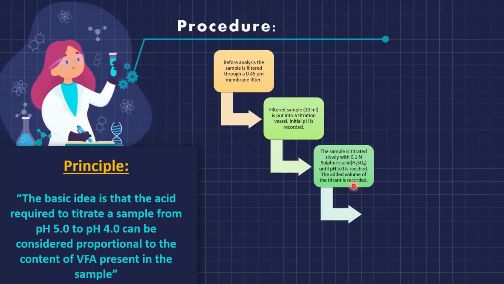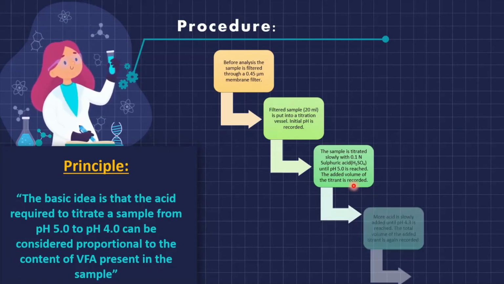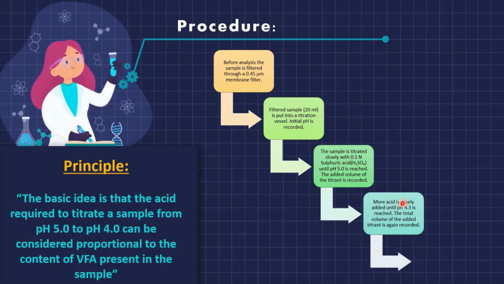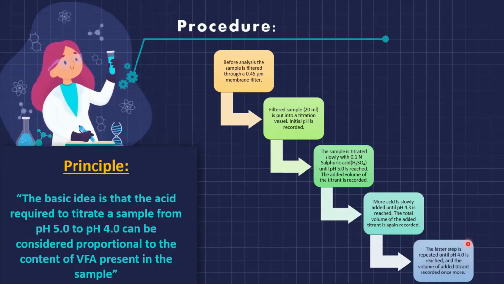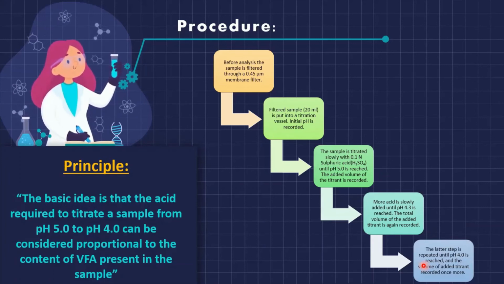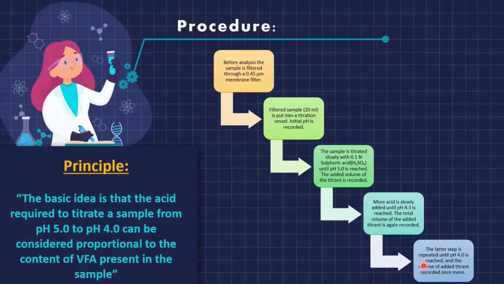Then you have to slowly titrate it with sulfuric acid, and record the added volume until the pH reaches 5. Then you have to slowly add the sulfuric acid until the pH reaches 4.3. The total volume of the added titrant is again recorded. This step is repeated again and again until pH 4 is reached and the volume of the added titrant is recorded once more. In this way, we can determine the volatile fatty acid content present in the sample.